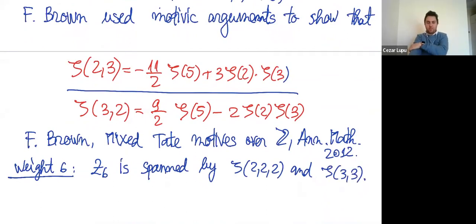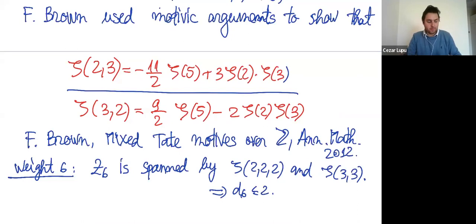And we will see that there will be a relation between these. In fact, we would like to see how many of them are rational multiples of pi to some power. Again, this will confirm that D6 will be less than or equal to 2.